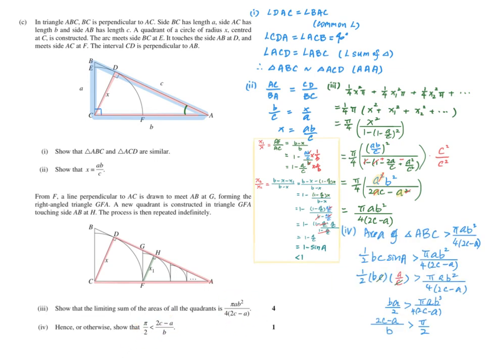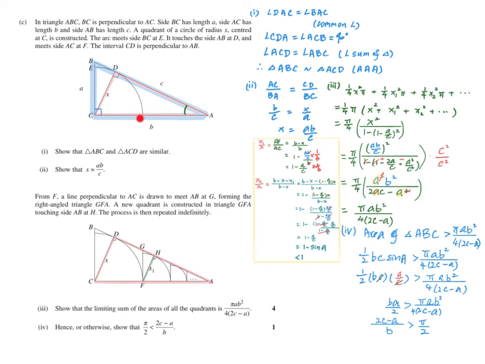In question 4, it asks to show this inequality. In section 3, we have just obtained the areas of all these quadrants. Since all these quadrants are within the triangle ABC, therefore the triangle area ABC should be greater than the sum of all the quadrants, which we obtained in part 3.